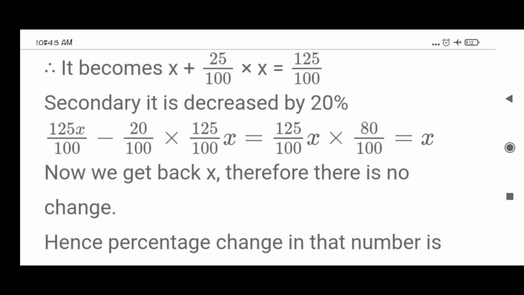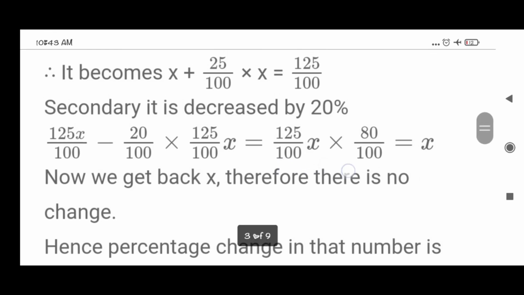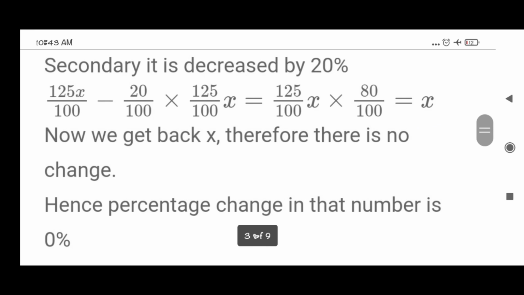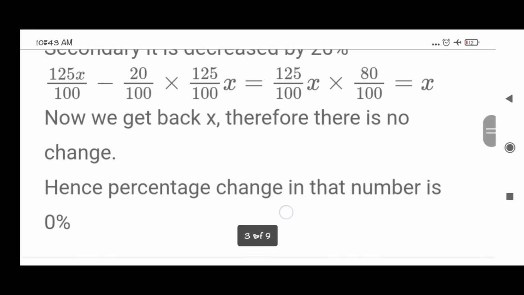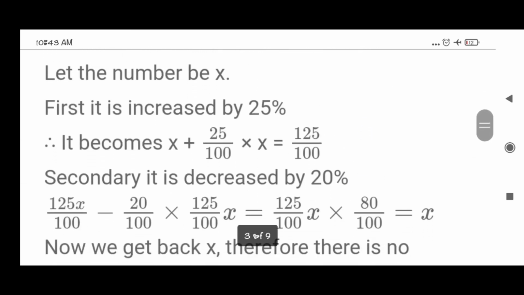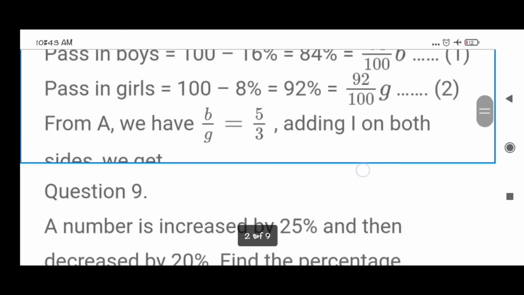Here 125 by 100 x into 80 by 100. So here we are cancelling. So it is equal to x. Now we get back x. Therefore there is no change. Hence the percentage change in that number is 0%. Here another method is also there. So we will do the other method.